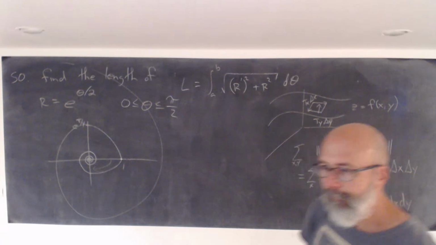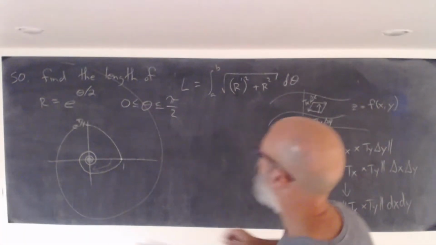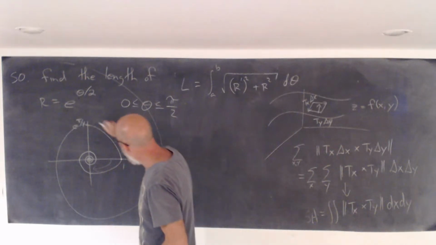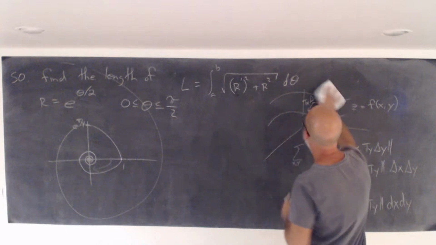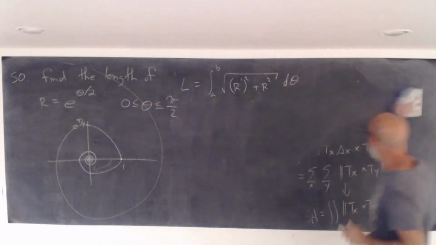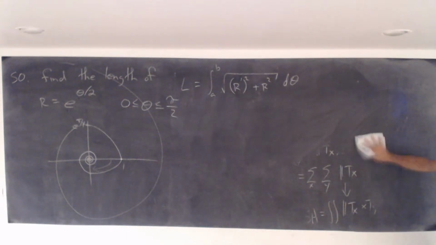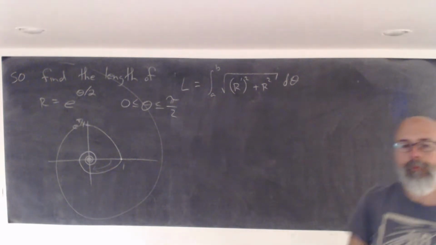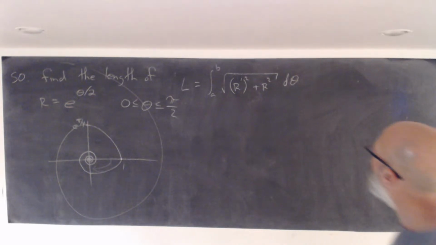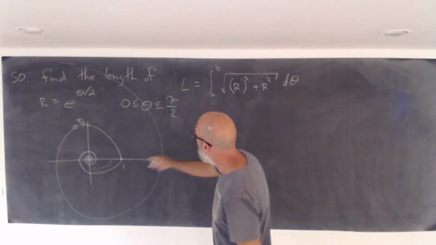All right, but all we're interested in here is the length of this part. So let's work that out. Here is the formula we just derived. So what is that?